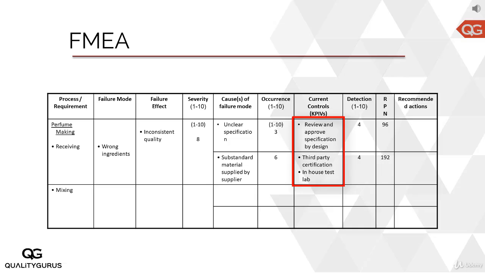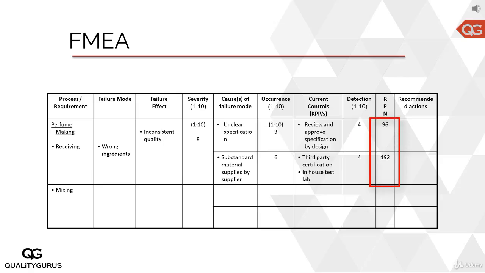So there could be number of steps which you could do to avoid that problem. So there would be some controls which already are there. So you list that down, and then you look at that. If these are the controls which you have, then what's the chance of detecting the problem? That also you put on a scale of 1 to 10.